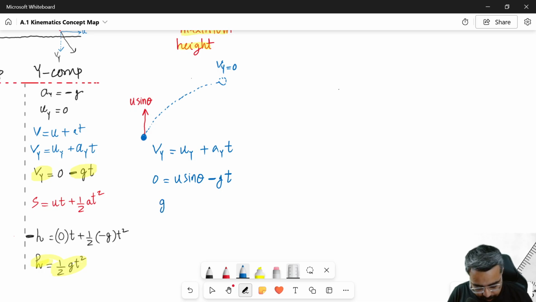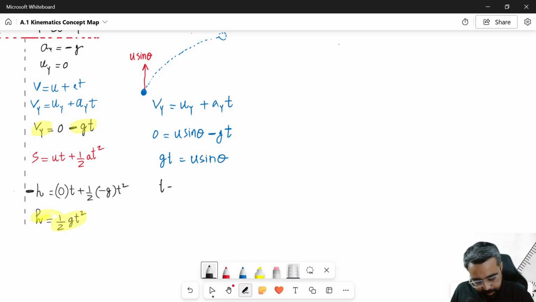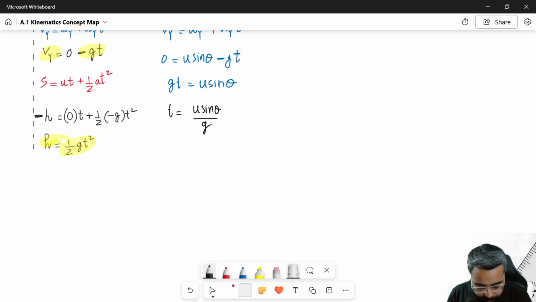So gt will equal u sine theta, and finally the time equals u sine theta over g. This is the time to reach the maximum height, which you remembered was u over g in one dimensional motion, but in two dimensional motion it is u sine theta over g. Don't you think the total time must add, because it will take the same time to return? So the total time will equal 2u sine theta over g.